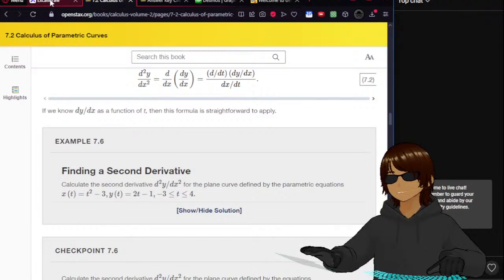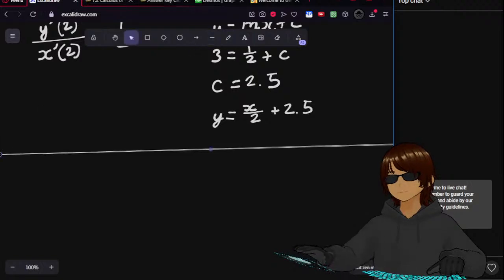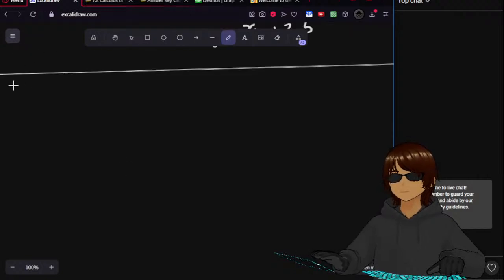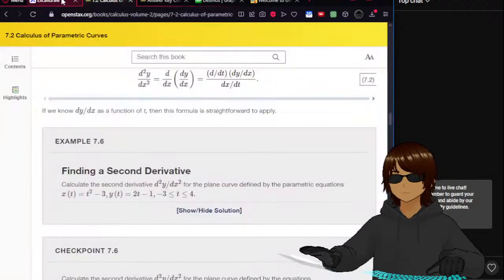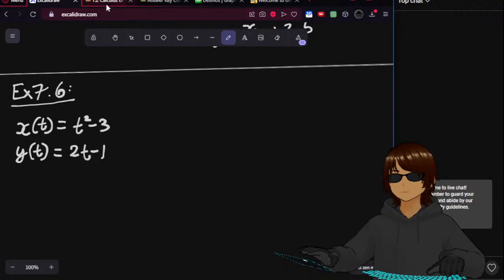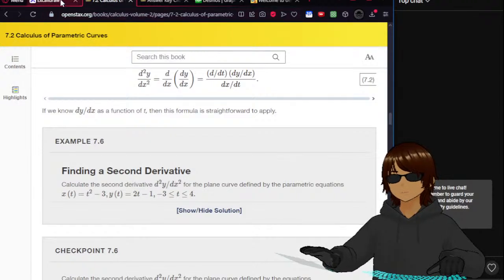t squared minus 3 and 2t minus 1 again. Example 7.6. x is t squared minus 3, y is 2t minus 1, and t is from minus 3 to 4.